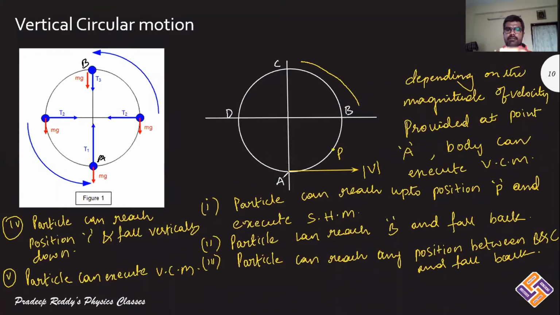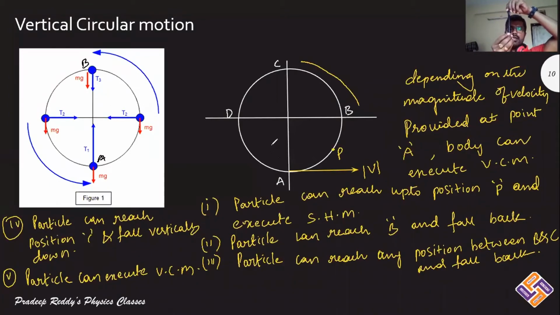Observe here, you are providing some velocity at this point such that it can go up to P and then fall back. It executes just SHM. That is the first condition. Second condition is that if you are providing greater velocity, it can reach up to point B and then fall back.